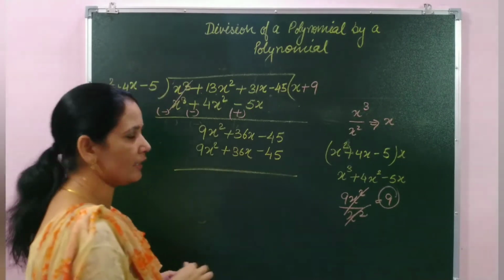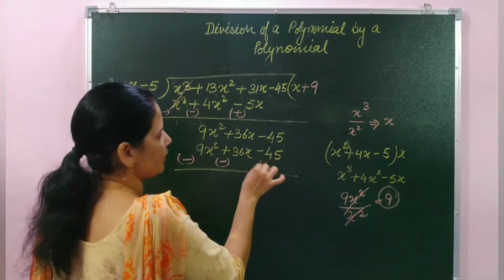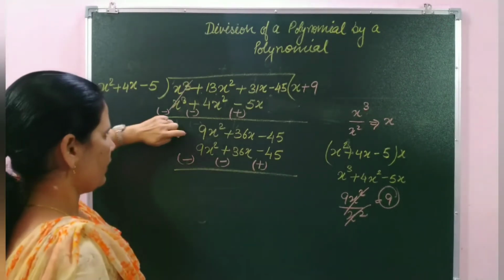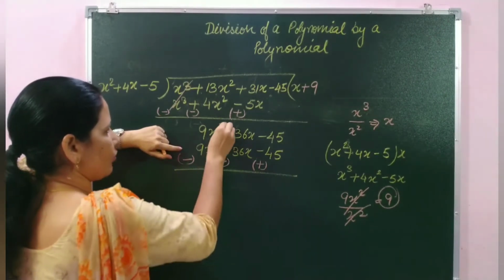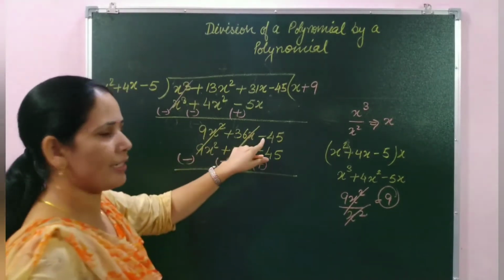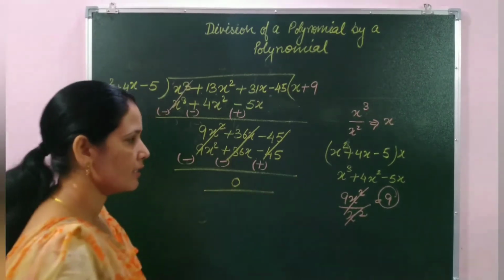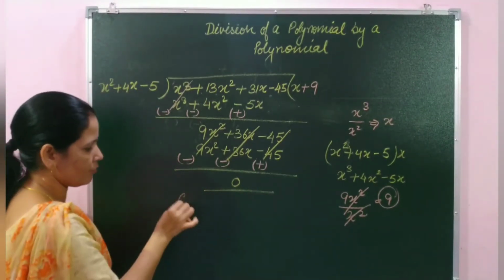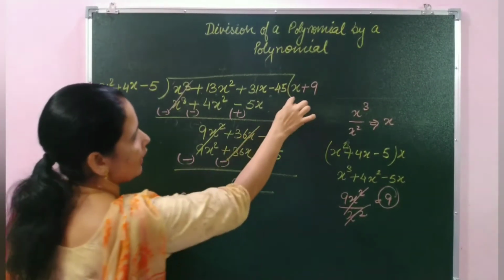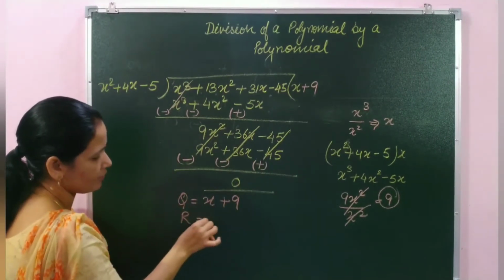Now we change the sign: plus becomes minus, minus becomes plus. 9x square minus 9x square cancels. 36 minus 36 is 0. Minus 45 plus 45 is 0. So the remainder is 0. Here students we will write the quotient is x plus 9 and the remainder is 0.